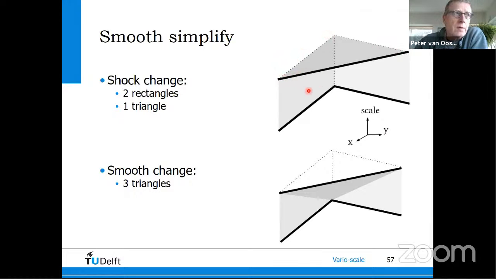And that geometry would represent in this space scale cube the line simplification like this, from the 3 points to the 2 points. However, if you want to do it more smoothly, you can replace the two rectangles and the one triangle by three triangles organized like this.